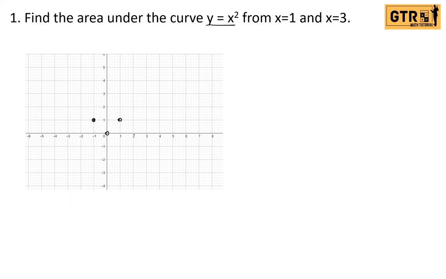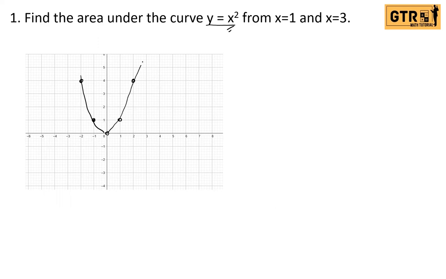If x equals positive 2, substitute to this, so y is equal to 2 squared, which is 4. When x is equal to negative 2, negative 2 squared is positive 4. So therefore, this is the graph of the function y equals x squared.